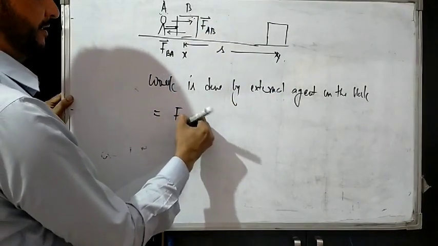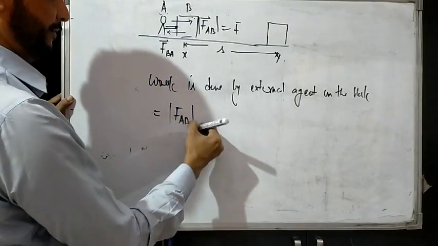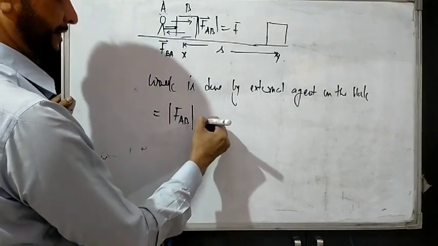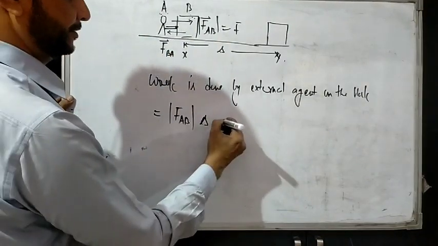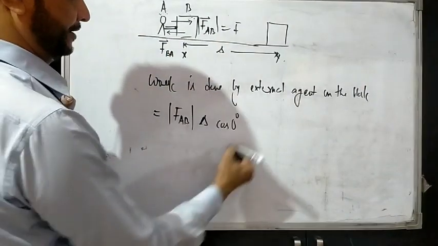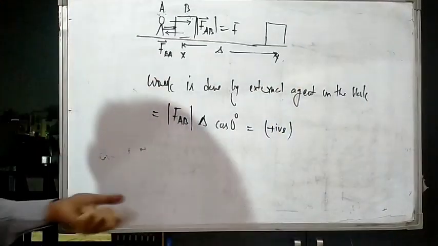This is F_AB, in terms of magnitude this is F. So F_AB into S, and what is the angle between F_AB and S? This is cos 0 degree, so this is positive.